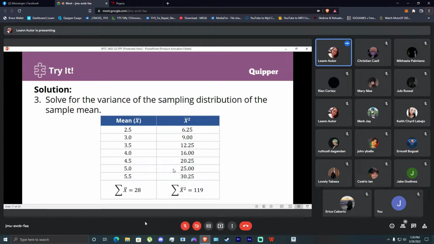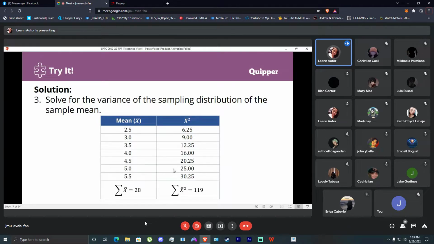3 squared is 9. 3.5 squared is 12.25. 4 squared is 16. 4.5 squared is 20.25. 5 squared is 25, and 5.5 squared is 30.25. So we are going to get the summation of x, or the summation of the mean.